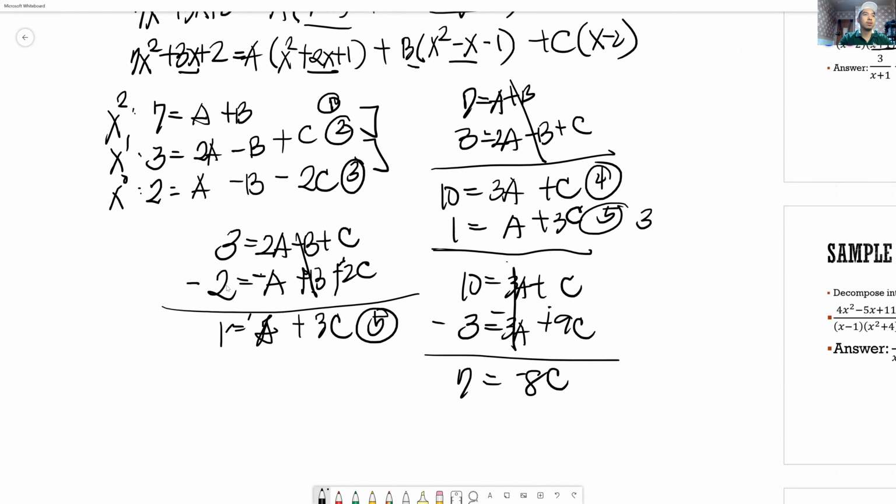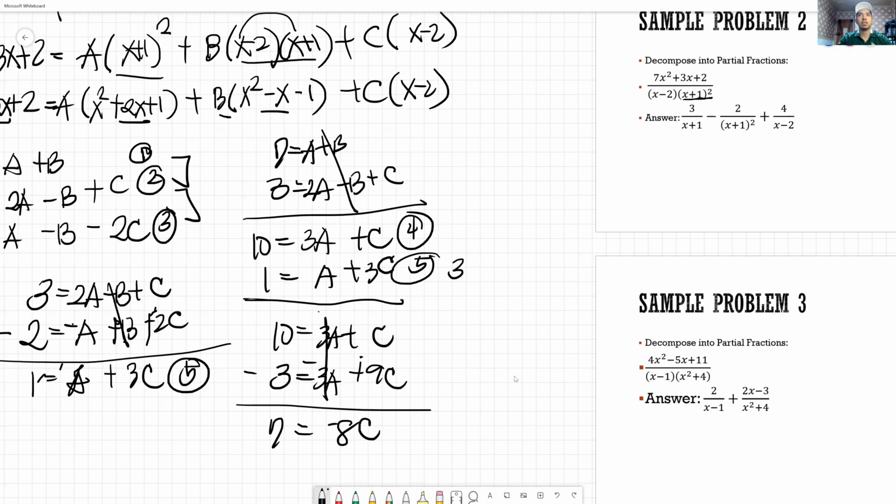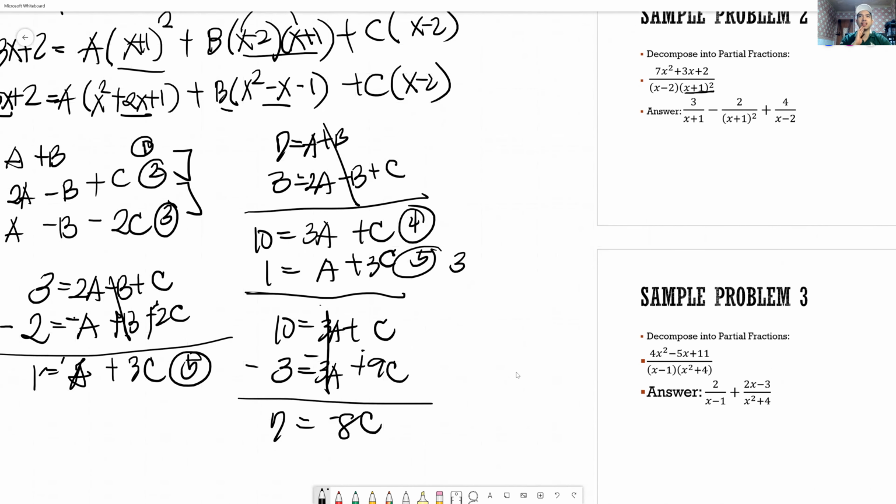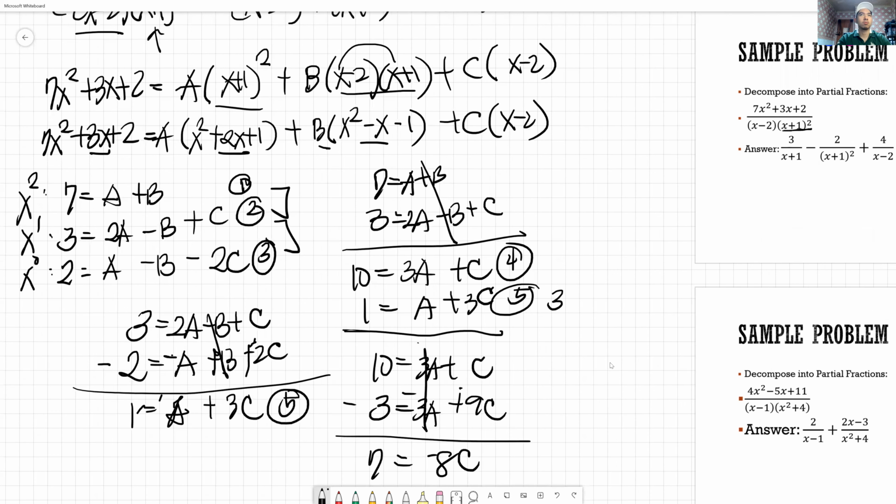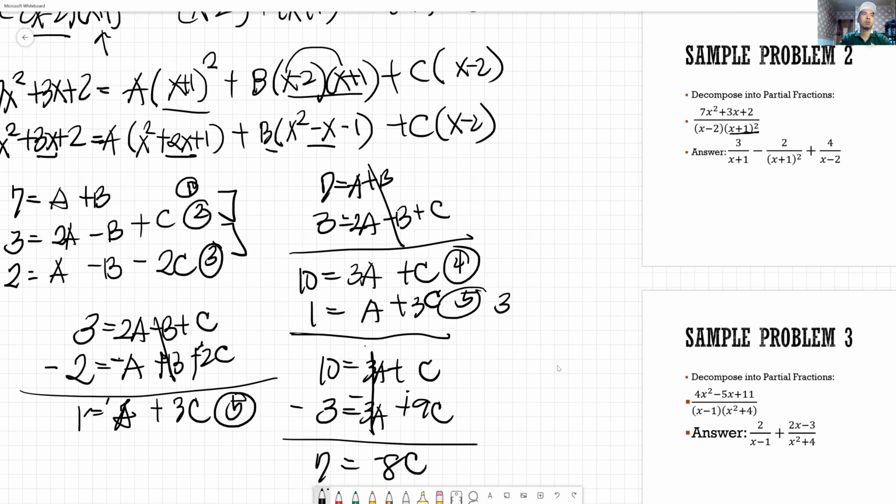So we'll have here 1 equals, okay, let us see why it looks like that. So maybe there's an error with this one.